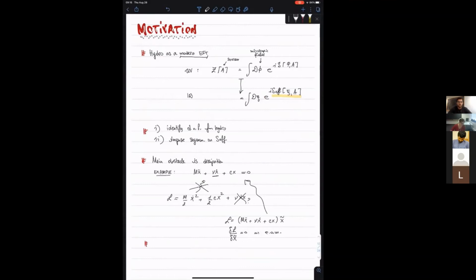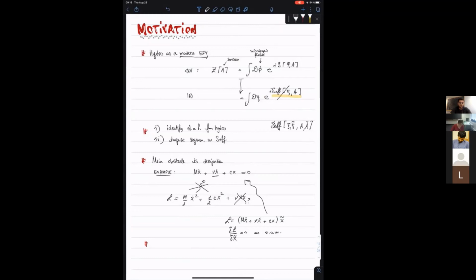I want to motivate for you that because of this additional degree of freedom, I have to think about a different type of effective action. Instead of this one, we will have an effective action which contains two types of degrees of freedom in the infrared effective action.